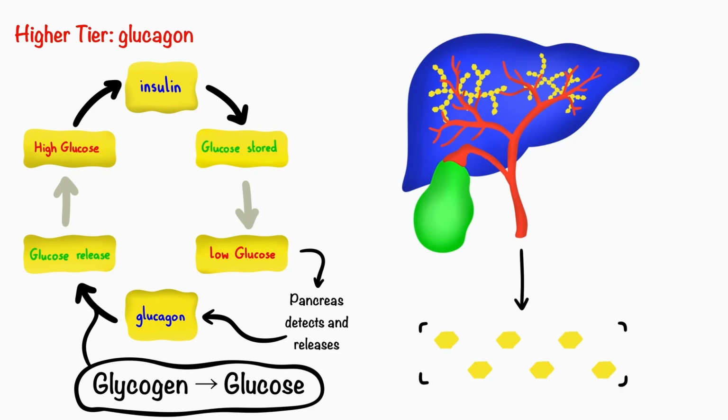This raises blood glucose levels back to normal. These two hormones, insulin and glucagon, work together in a balanced way to maintain steady blood glucose levels, regardless of whether we've just eaten or haven't had food for hours. This is a classic example of antagonistic hormone action in maintaining homeostasis.